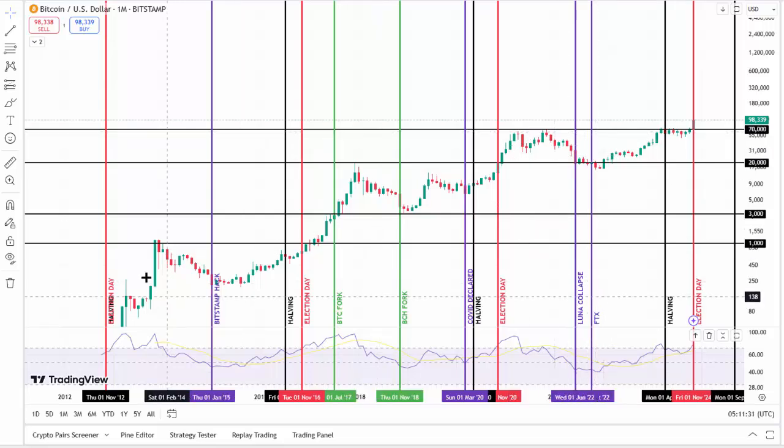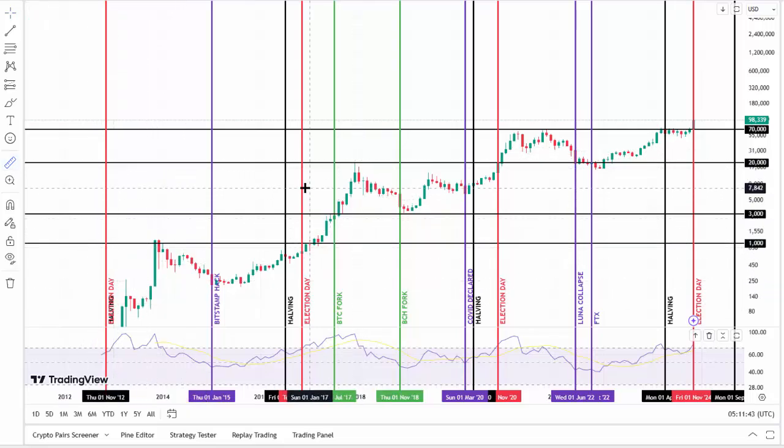It always goes more with the halving than with the election day, so it's a little bit shorter than 4 years. Look, from halving to halving, let's just pick one here in the middle, it's 46 bars.